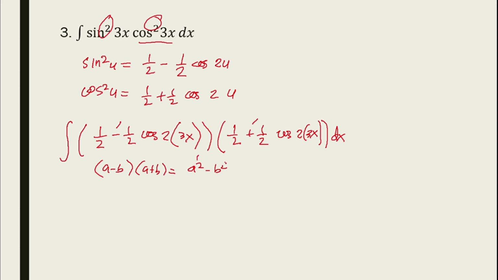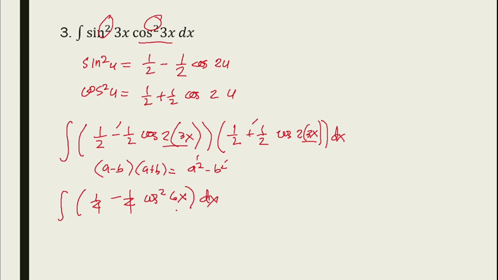So the integral of this part will become 1 over 4 minus 1 over 4 cosine squared of 6x dx.